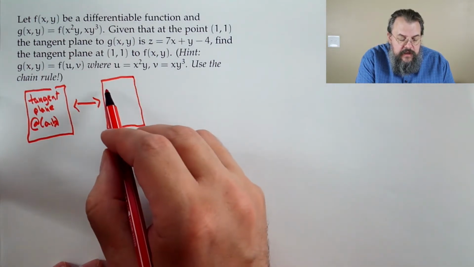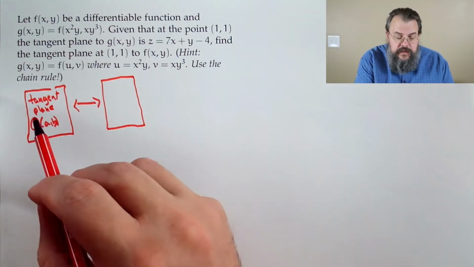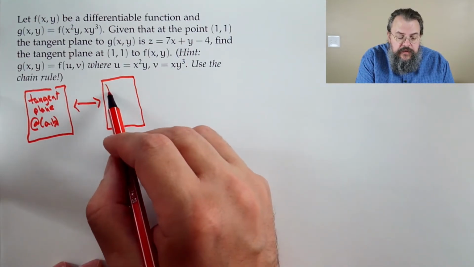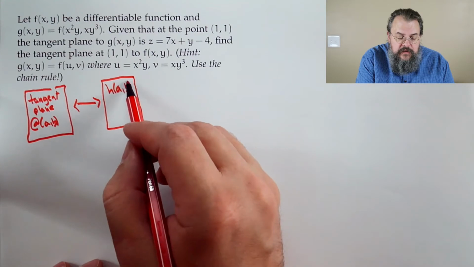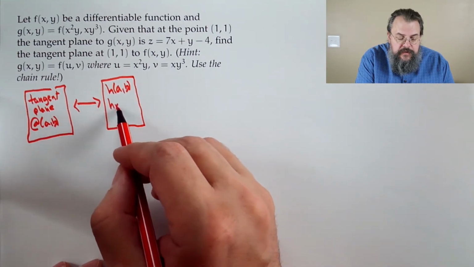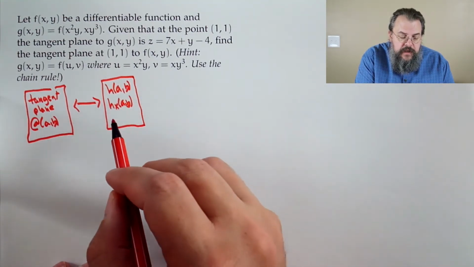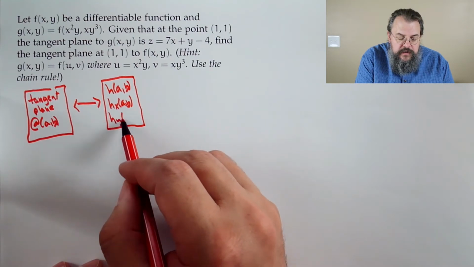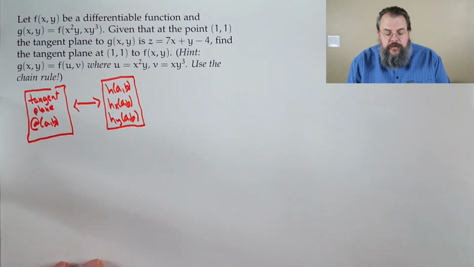Let's call our function h. I have the value of the function, the partial derivative of the function at that point with respect to x, and the partial derivative at that point with respect to y.